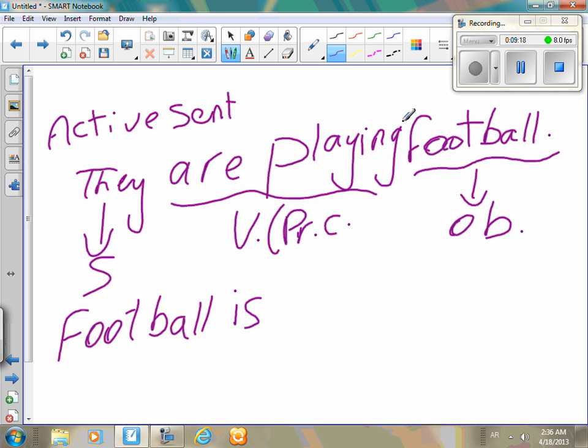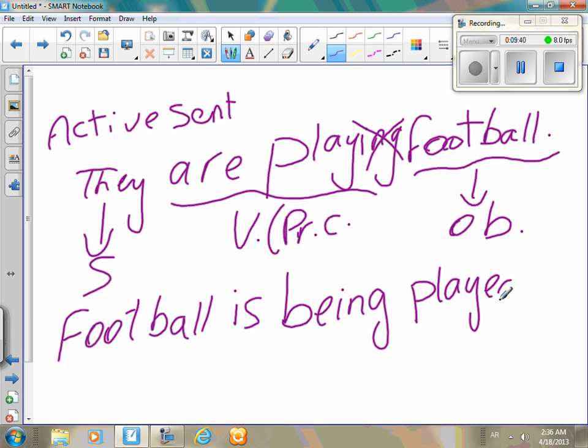Look, concentrate here on what I'm going to do. I will cross the ing here, and I will add down what? Being. And then what is the past participle of play? Played. And then add by. And I'm going to change they to what?